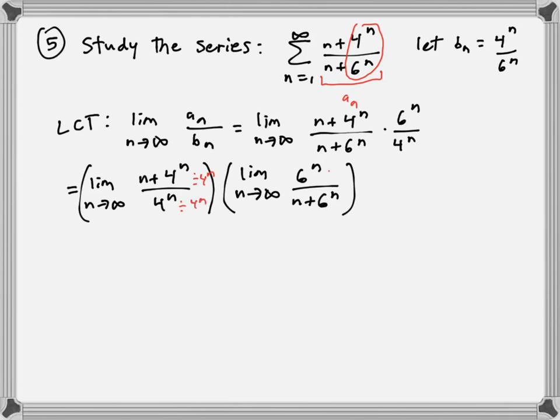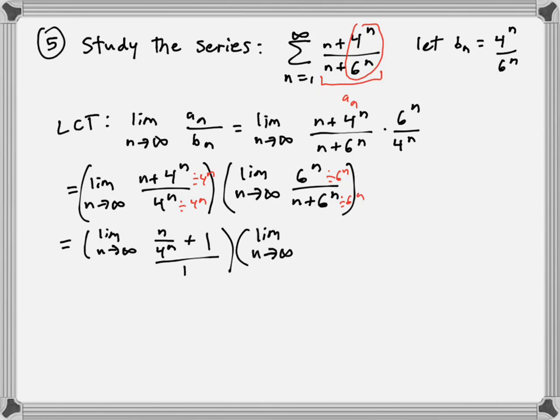On the second, I'm going to divide by 6^n on top and bottom. So we end up with, first limit, n over 4^n plus 1 over 1. And here we get 1 over (n over 6^n plus 1).